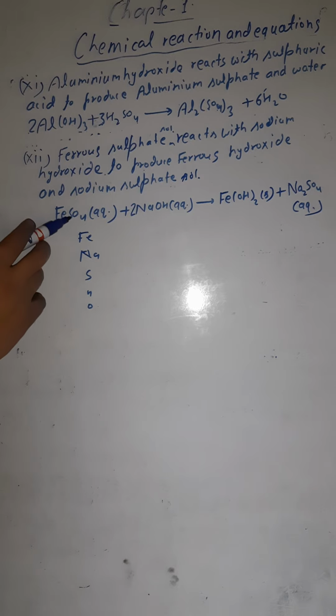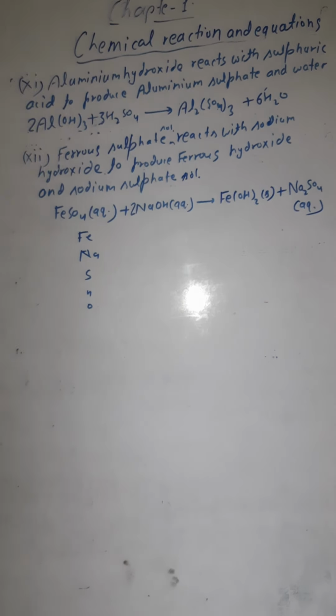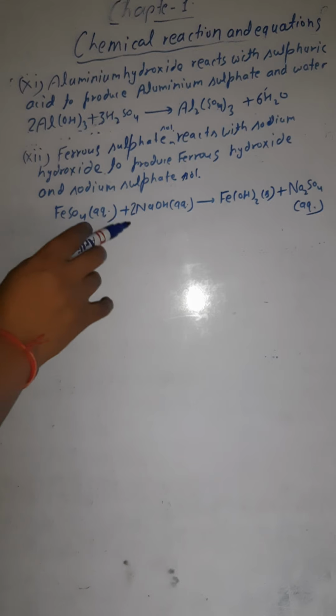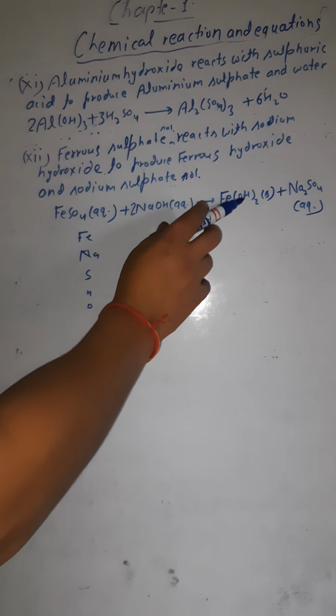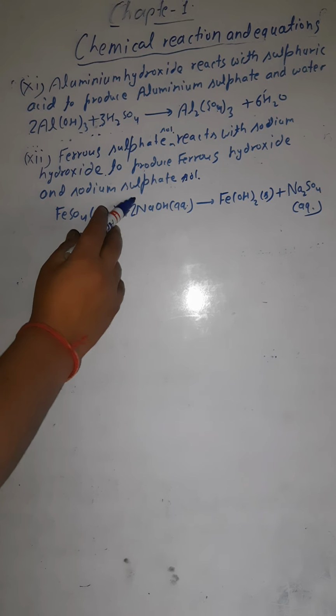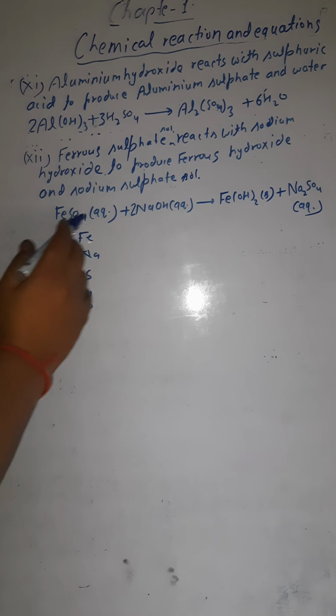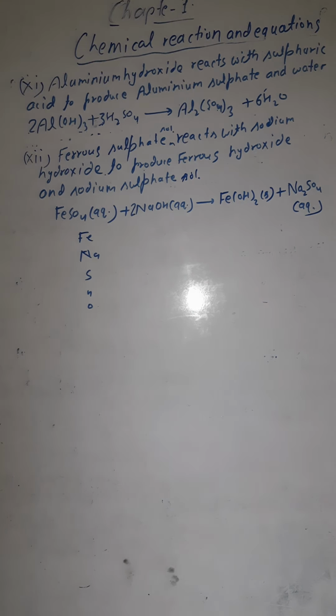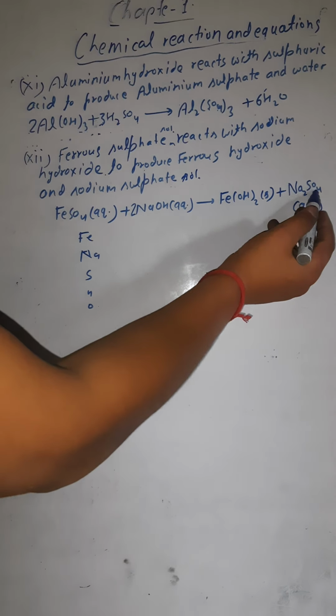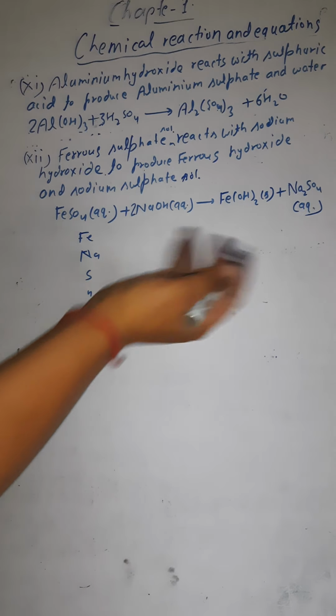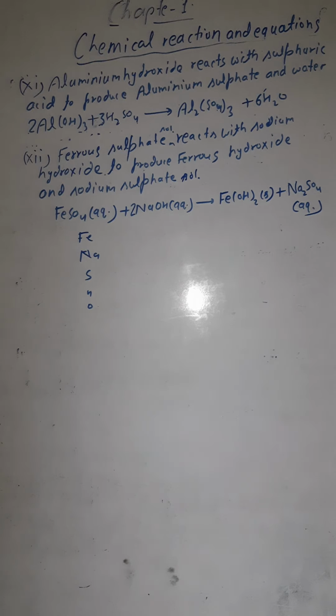Sulfur, one atom, one atom. Hydrogen, two atoms, here also two atoms. Oxygen, 2 atoms plus 4, 6 atoms, and here 4 plus 2, 6 atoms, all have been balanced now. Okay, so this is how we will balance the chemical equation.